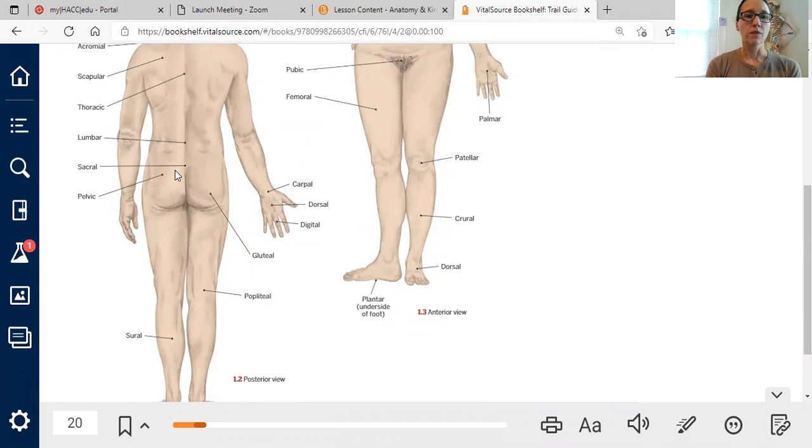Okay, so the pelvic area. The pelvic area is really talking about the pelvic girdle, which goes all the way around the hips. So the pelvic area, I'm gonna have to draw again, I think.